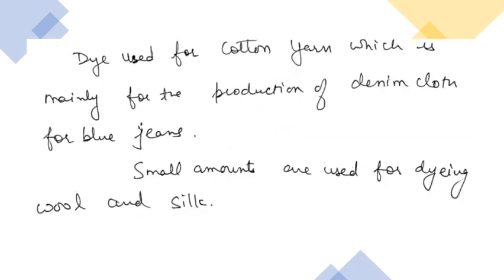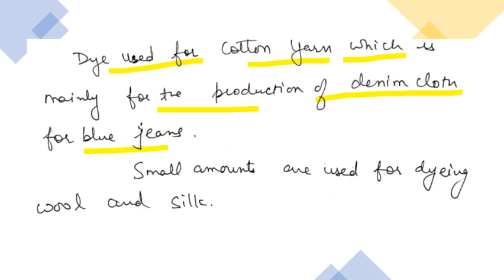The famous application of indigo dye is that it is used for cotton yarn, which is mainly used for the production of denim cloth for blue jeans. The blue jeans, you all wear them; they are dyed by this dye, indigo dye.